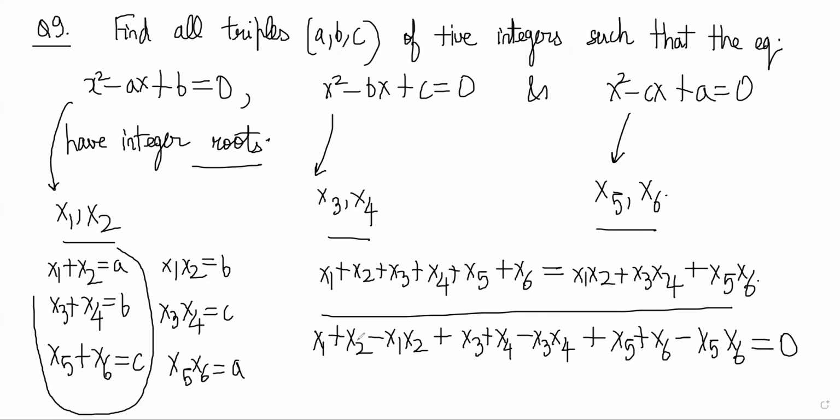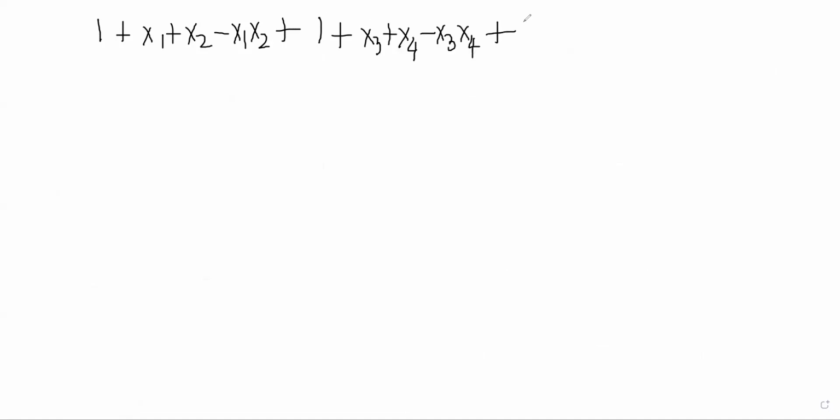How do I factorize this? What I have to do is add 3 on both sides and split it like I add 1 here, 1 here, 1 here, and add 3 there. So what I get is 1 plus x1 plus x2 minus x1 x2 plus 1 plus x3 plus x4 minus x3 x4 plus 1 plus x5 plus x6 minus x5 x6 is equal to 3, right?